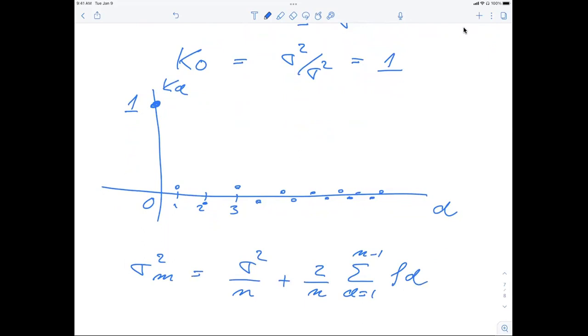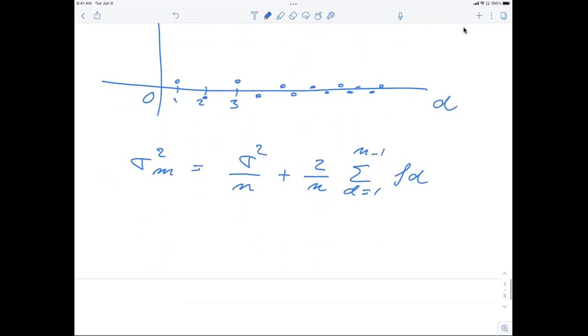Sorry, there should be not exactly that one. I just missed one term here. So this is going to run from d equal 1 up to n minus 1 of f of d. So I can actually rewrite my total variance in terms of this correlation function.